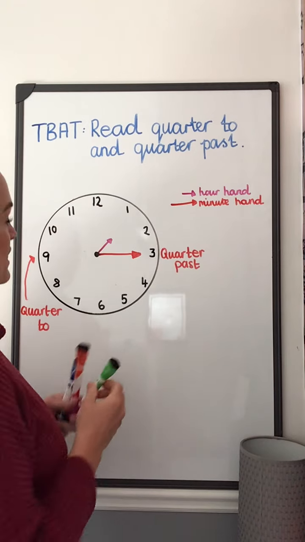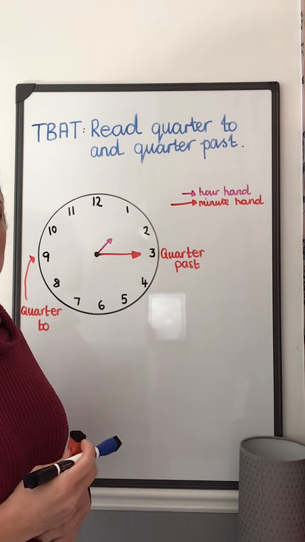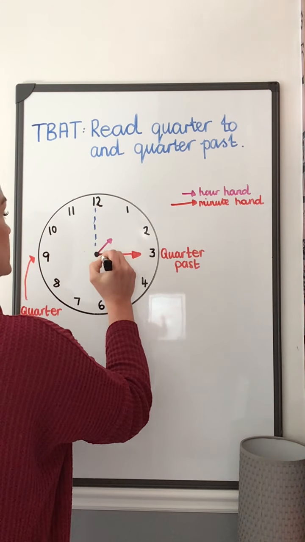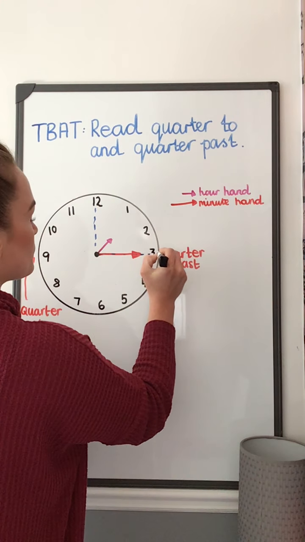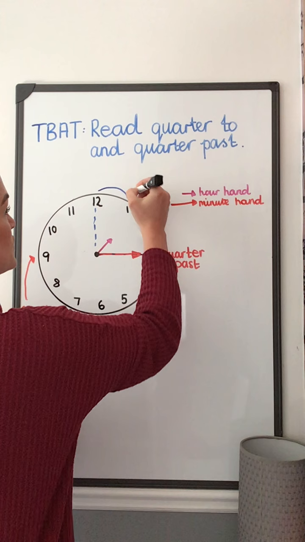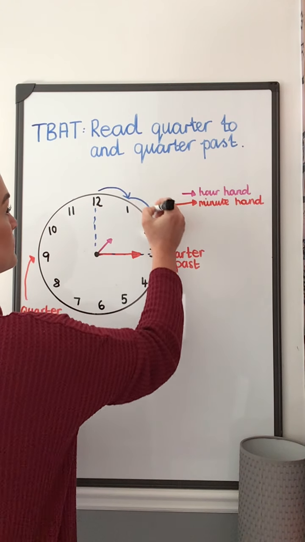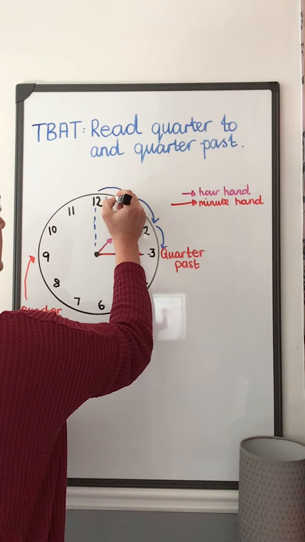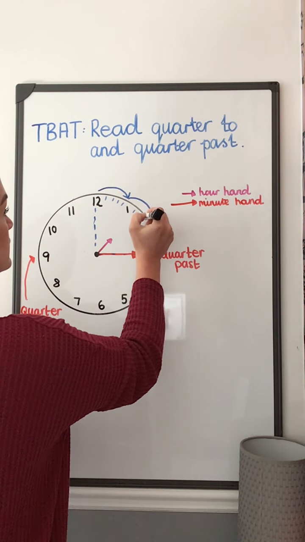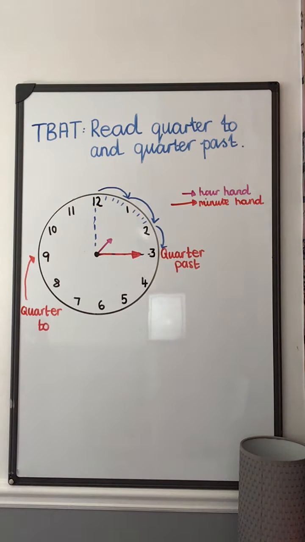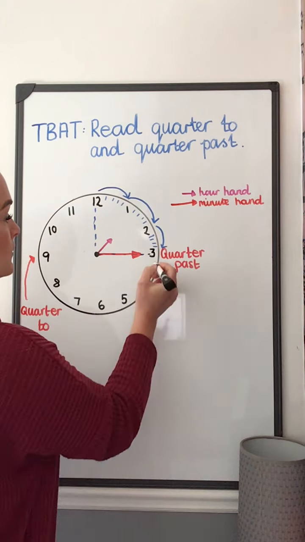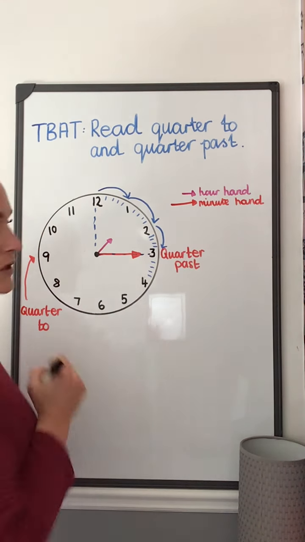So what we need to think about today is, what does quarter past mean? How many minutes is that? So if we take the quarter, between each number is 5 minutes. You usually see the lines between the numbers on many clocks, and that shows you.